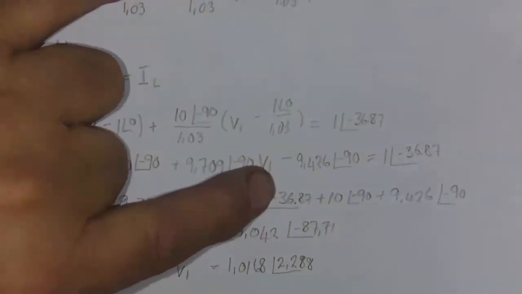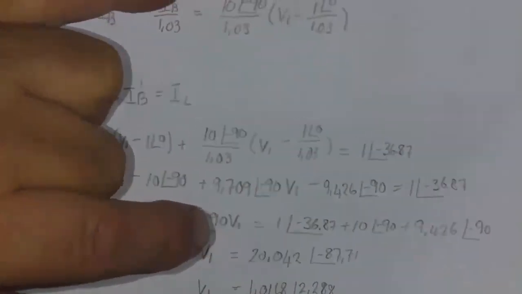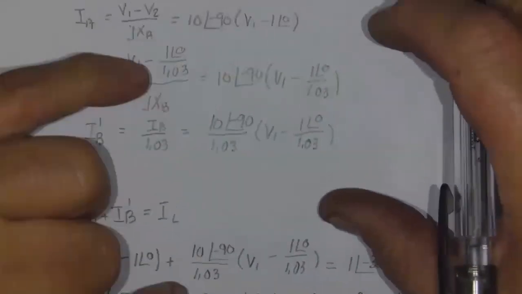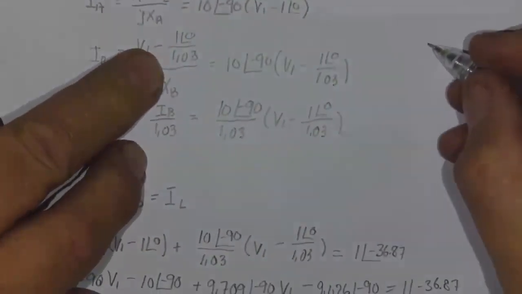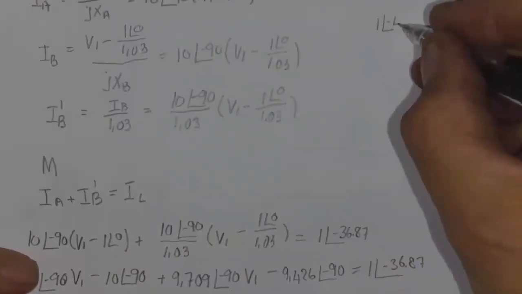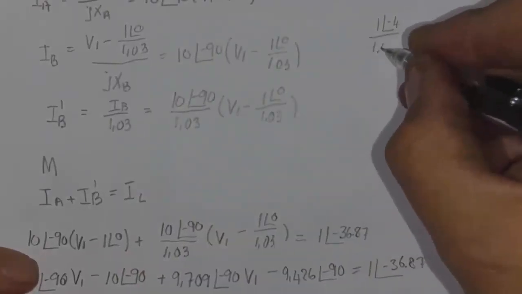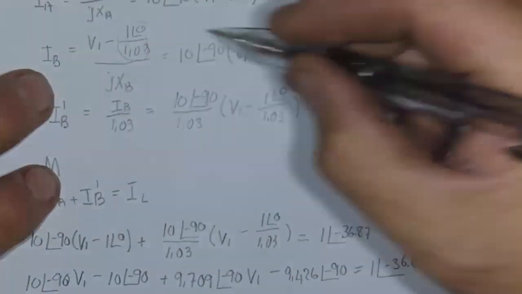If you look at this one, it says it's 1 at an angle. Now that would become 1 at an angle of minus 4, divided by 1.02. That factor is now becoming that.